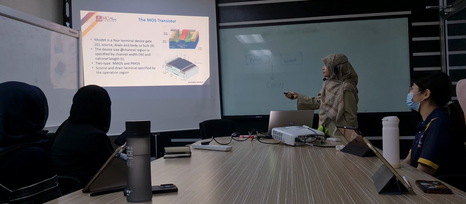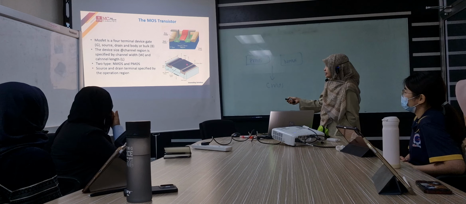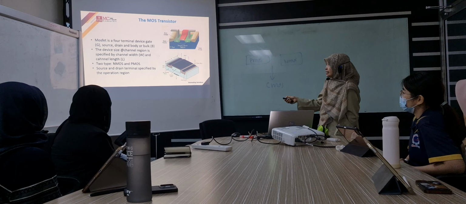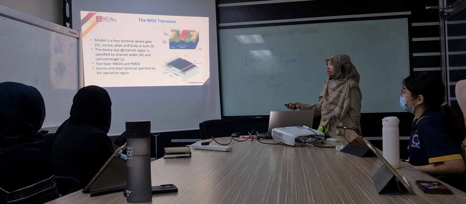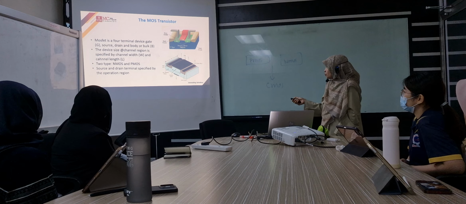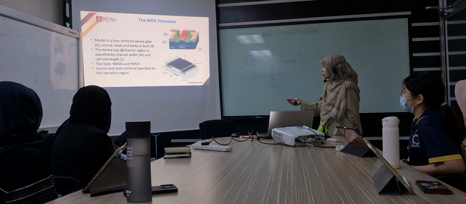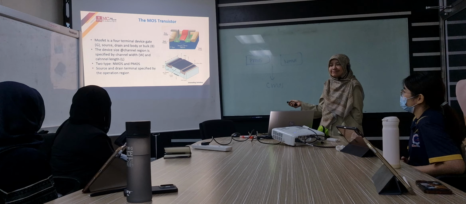Normally this represents the divisions, and this is the silicon oxide to isolate between drain and source. Source and drain terminals are specified by the operation region. So we will introduce voltage at the gate and the drain, so we can find the IV characteristics.